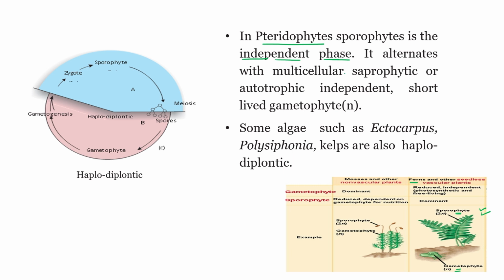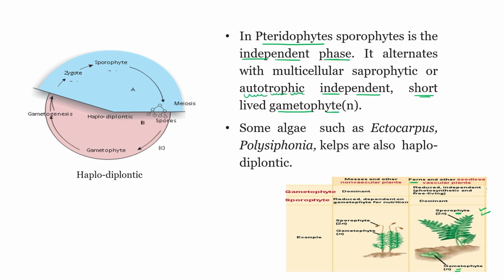It alternates with a multicellular, saprophytic or autotrophic, independent gametophyte, which is short-lived. This is the gametophytic phase. Which one is independent? Because it is able to synthesize its own food. So it alternates with a multicellular, saprophytic or autotrophic, independent, short-lived gametophyte.